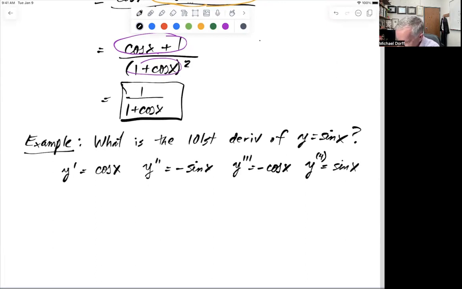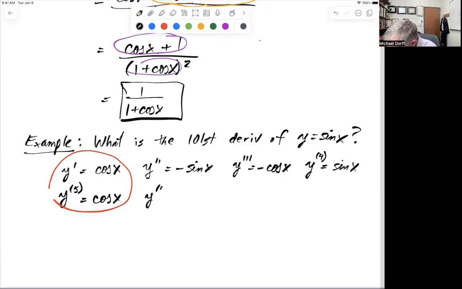All right, now what happens when I do the fifth derivative? So I put that y with the parentheses 5. Well, I'm now going to have the derivative of sine, and the derivative of sine is cosine. And notice here, there's a pattern. These are the same. If I keep going, let's do the sixth derivative. Well, I've got the derivative of cosine, and it's the same thing as what I have above it. So the second derivative and the sixth derivative give me the same result.